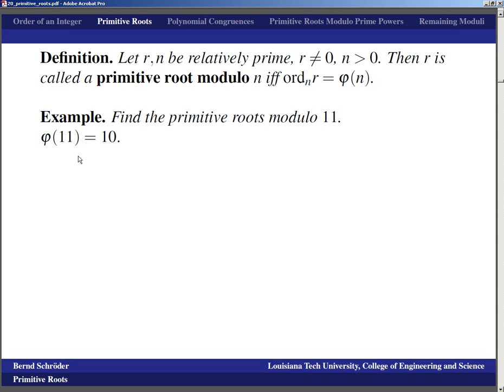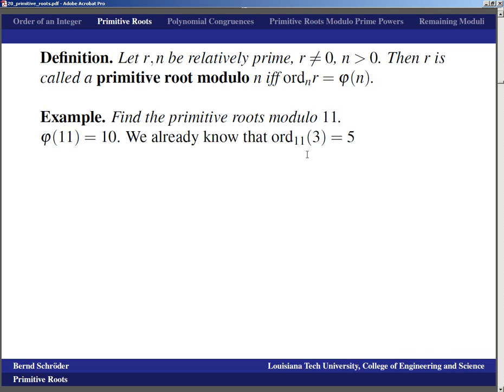Sorry, that's phi of 11, which is 10 because it's 11 minus 1, and 11 is a prime number. I had misread that as the order of 11, which wouldn't make sense because the order of 11 with respect to 11 is not defined, since 11 and 11 are not relatively prime.